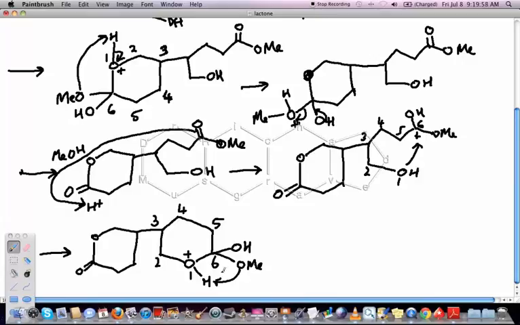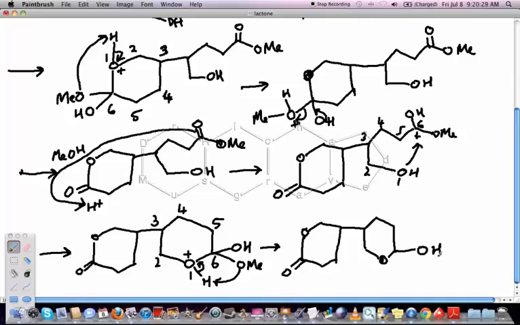The proton will get transferred to the OMe as it did before. And then the C double bond O reforms, kicks out the methyl group.